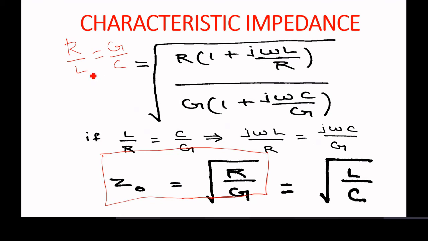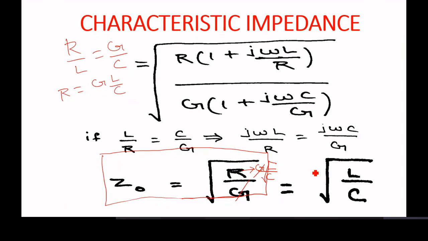You can substitute in place of R, G L by C. Then G will get cancelled, numerator G and denominator G cancel each other. Then you will have square root of L by C.